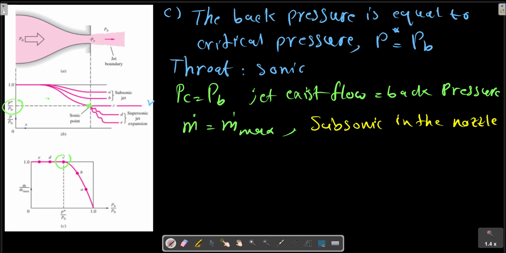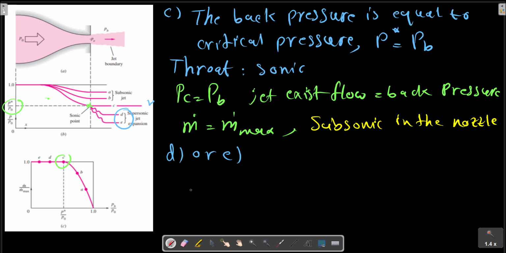Finally, if the back pressure is lowered further for the two conditions D or E, we have these two conditions.